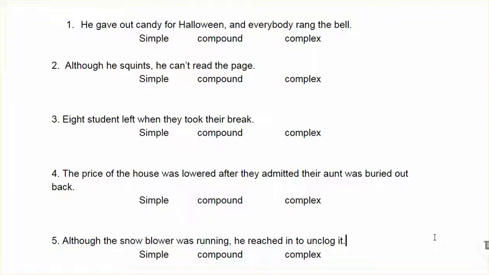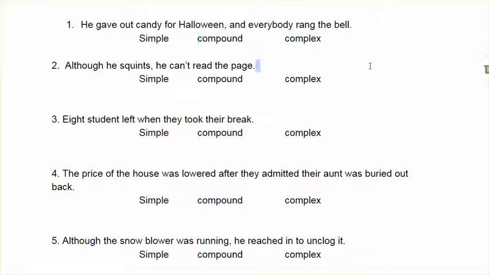I have two ideas. He gave out candy for Halloween. Everybody rang the bell. Because I have a comma and a conjunction here, I'm joining something that's an independent clause. He gave out candy for Halloween, and an independent clause. Everybody rang the bell. That makes this a compound sentence.